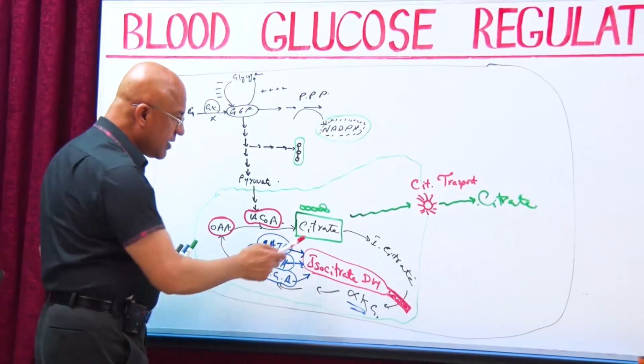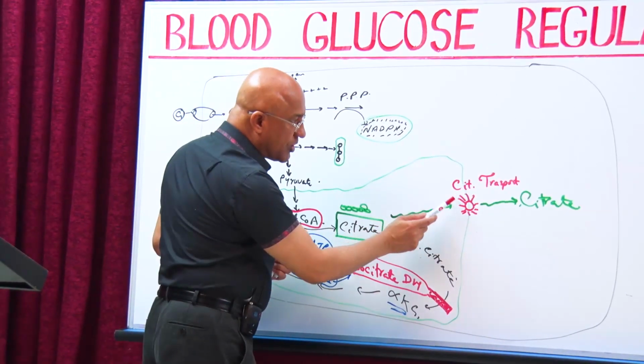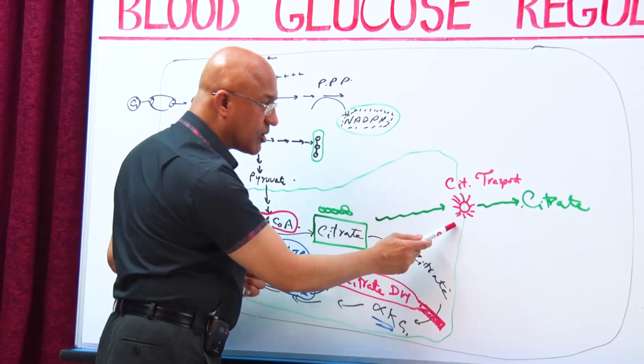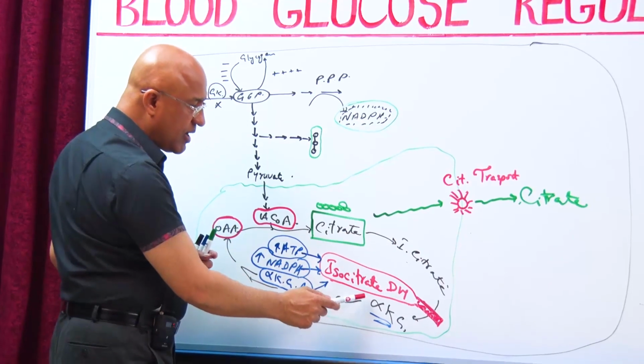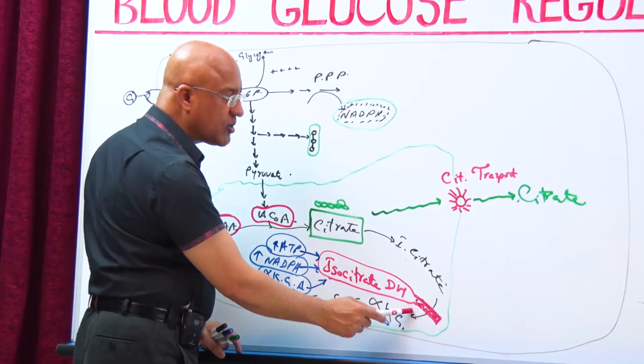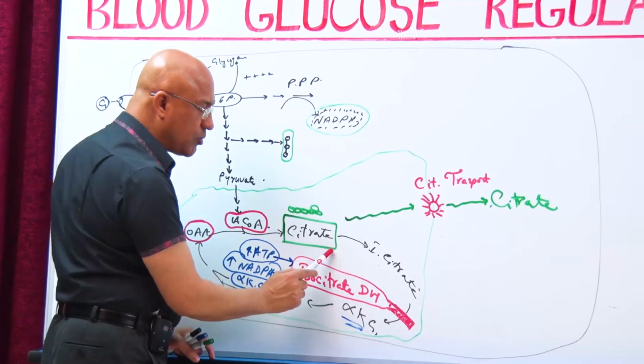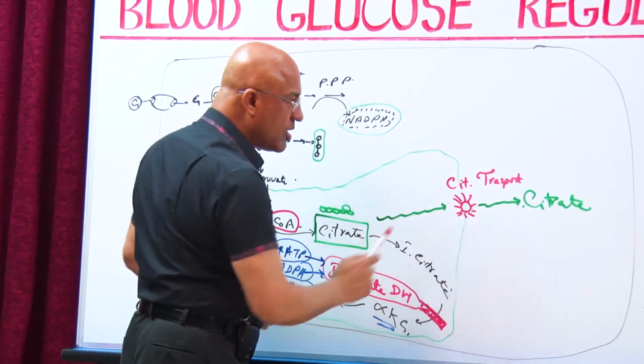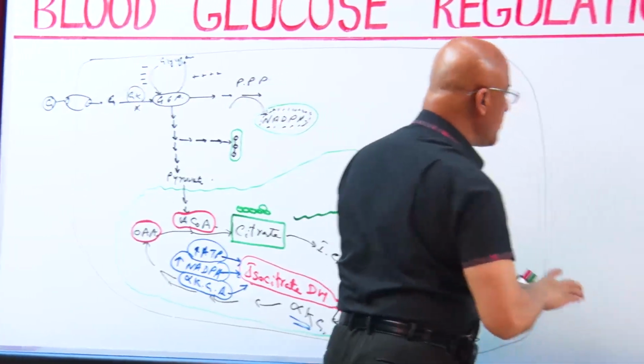So once isocitrate dehydrogenase is inhibited, citrate accumulates in the mitochondria and starts going out through the citrate transport system. Once the citrate goes out, then what happens?